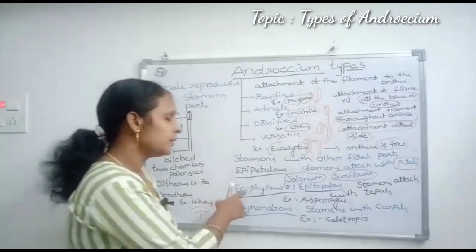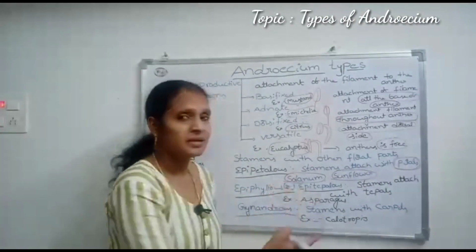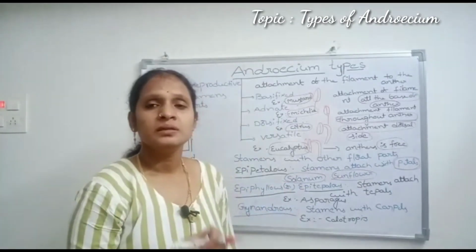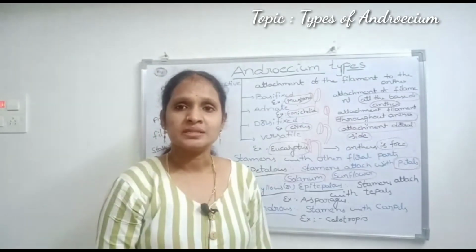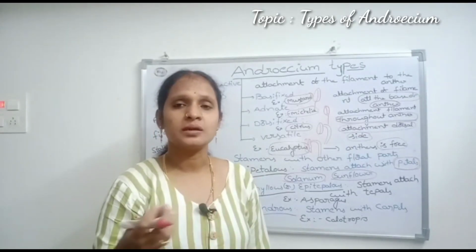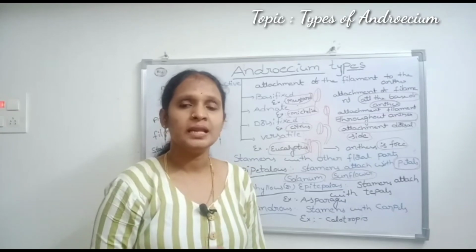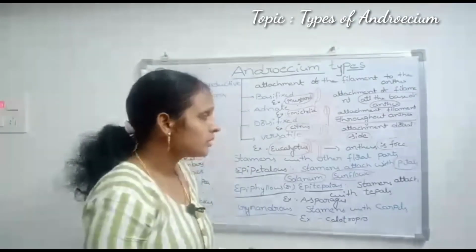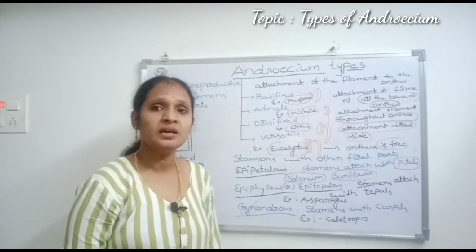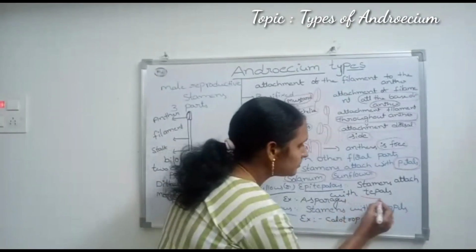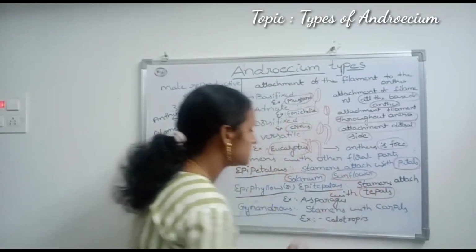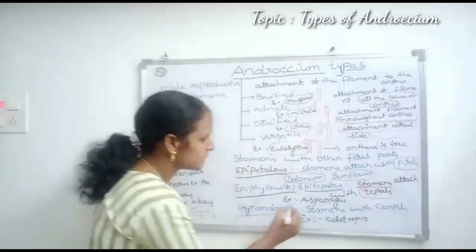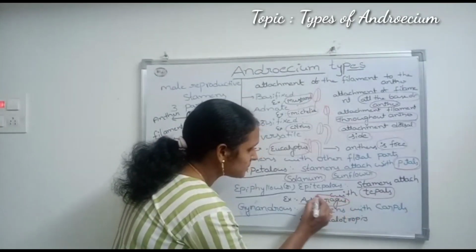Next, epiphyllous or epitepalous. Tepals are the perianth units; in lily plants, calyx and corolla are fused to form the perianth. Here stamens are attached with the tepals, called epitepalous. Example is asparagus.